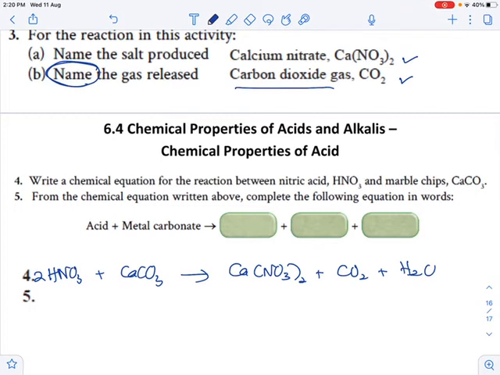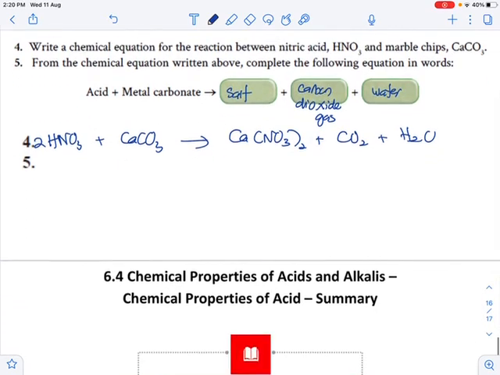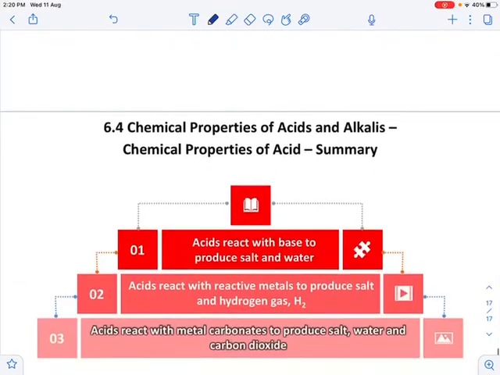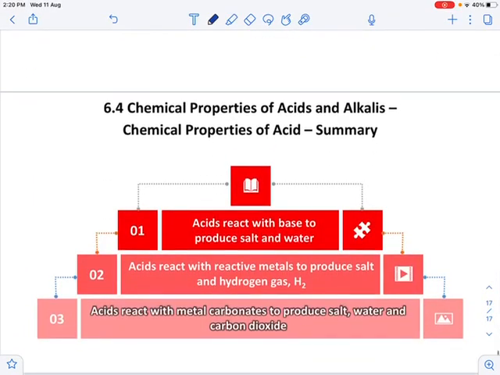And from the chemical equation written above, complete the following equation in words. Acid reacts with metal carbonate to form salt, carbon dioxide gas, and water.